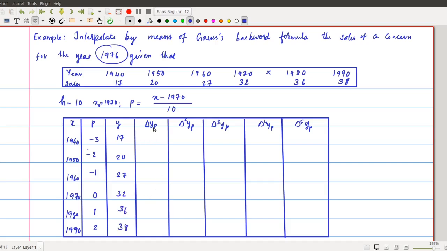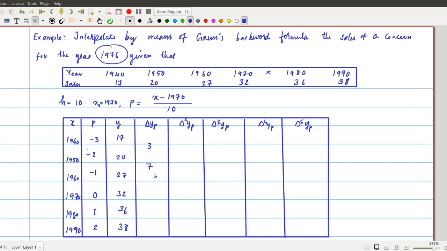Now you evaluate delta yp. So these are again the forward differences. We know that the formula contains the forward differences, delta. So we use the same table. Even though this is the backward interpolation formula, we use the same forward table, but we take the differences in backward position. That justifies the name backward. So here we have 3, that is 20 minus 17.